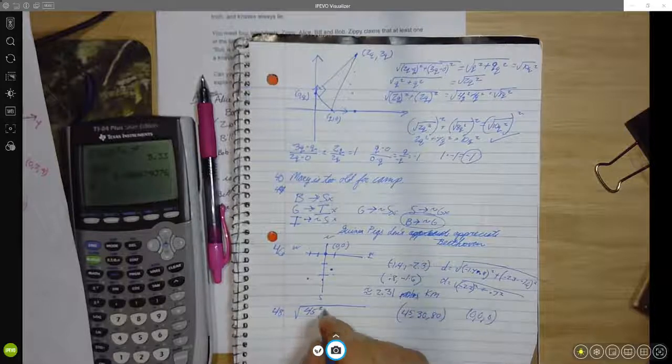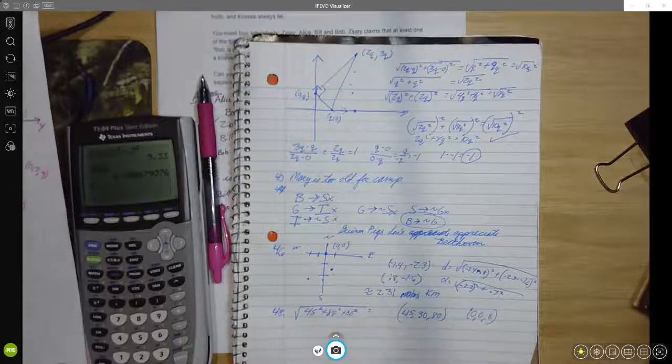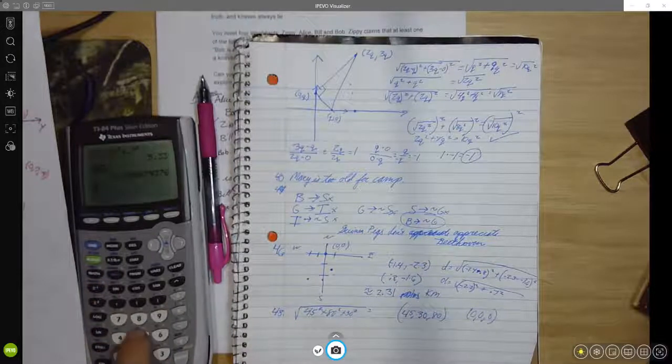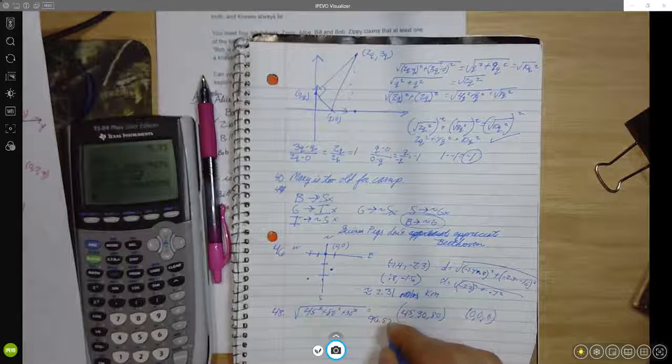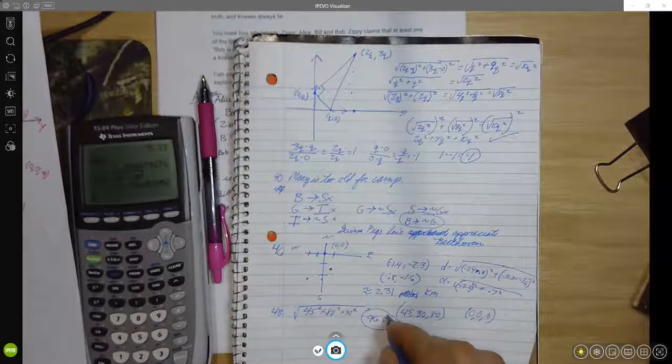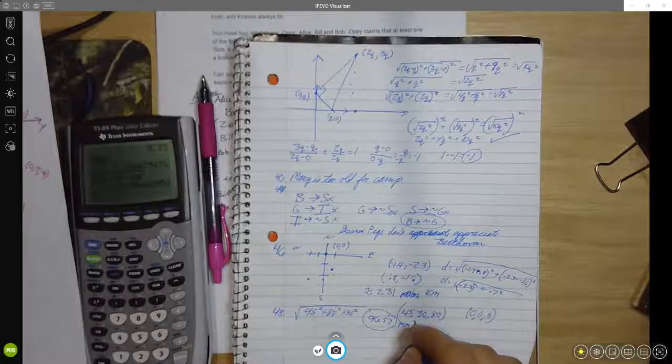So you get 45 squared plus 80 squared plus 30 squared. So that's 96.57. That's in millimeters. Just millimeters, sorry.